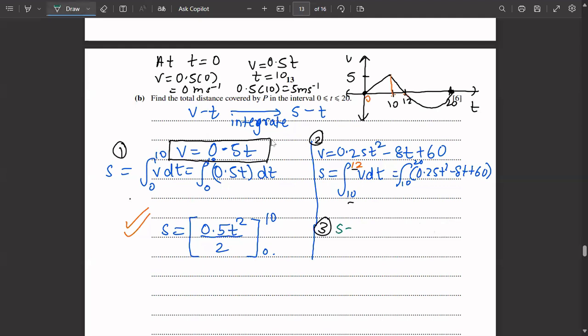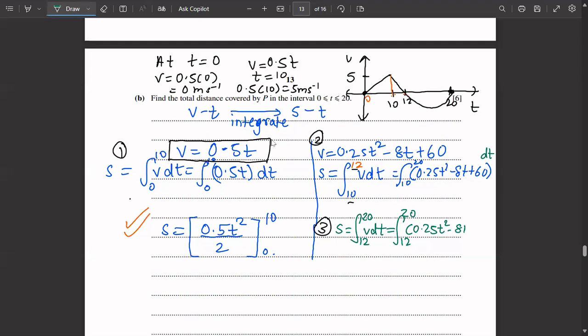the displacement, which should be the integral from 12 to 20 of v dt, equal to the integral from 12 to 20 of 0.25t square minus 8t plus 60 dt. Oh, I did not mention dt here.